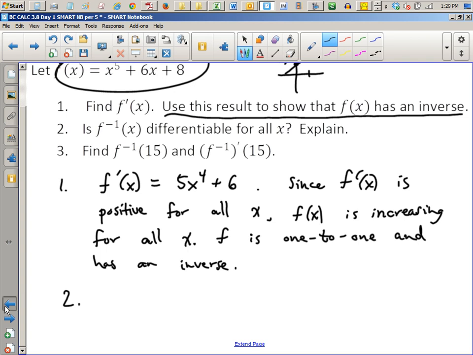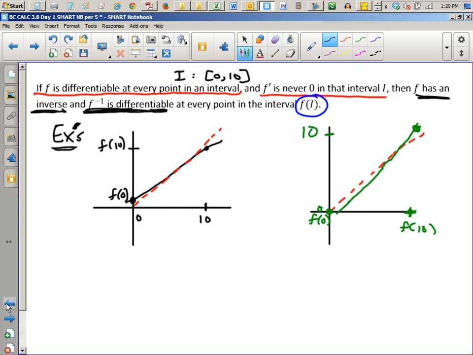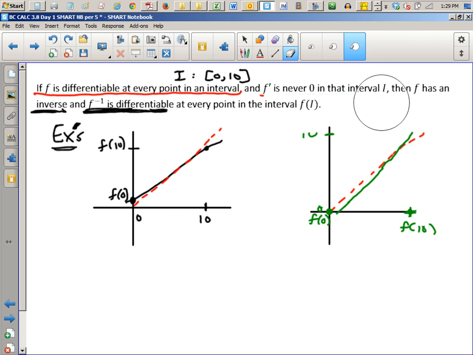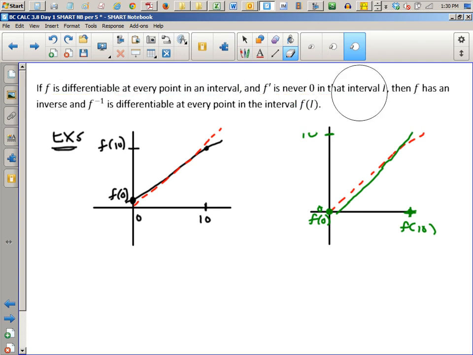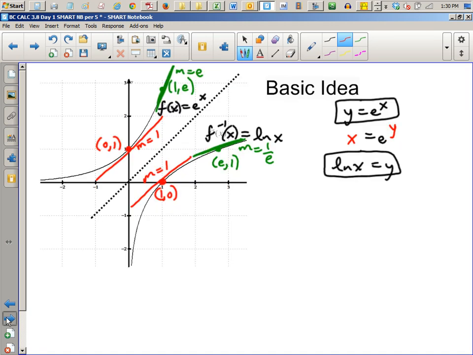According to this rule over here, the inverse will be differentiable under two conditions. One, we have to require that f is differentiable at every point in the interval. And since they're talking about all real numbers, we have to argue in our little paragraph that f is differentiable for all x. We also have to argue that f prime is never 0 for all x. Then we will be done with that part of the problem.